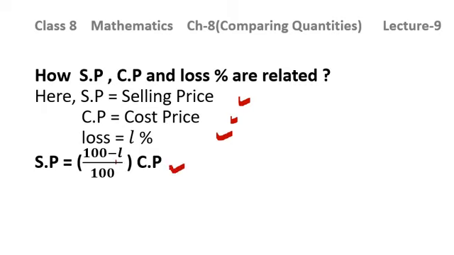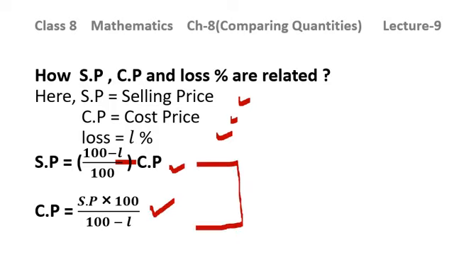If I write the same formula in terms of CP, it will be SP into 100 over 100 minus loss percentage. These are the formulas relating SP, CP and loss percentage. As I told you, you can use this formula also, or you can do in your own way also.